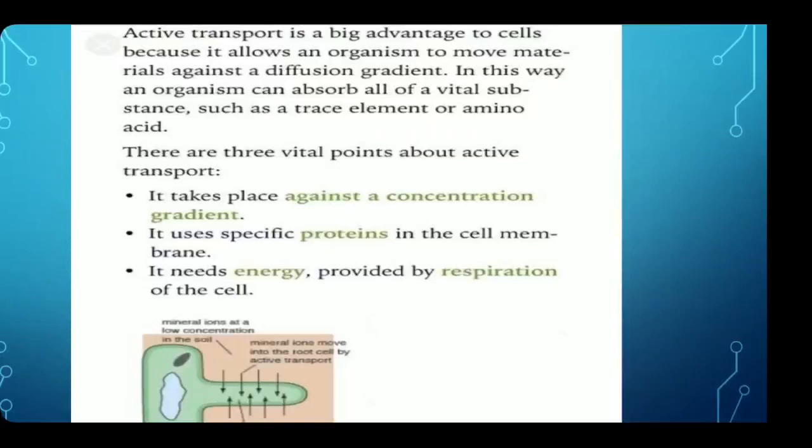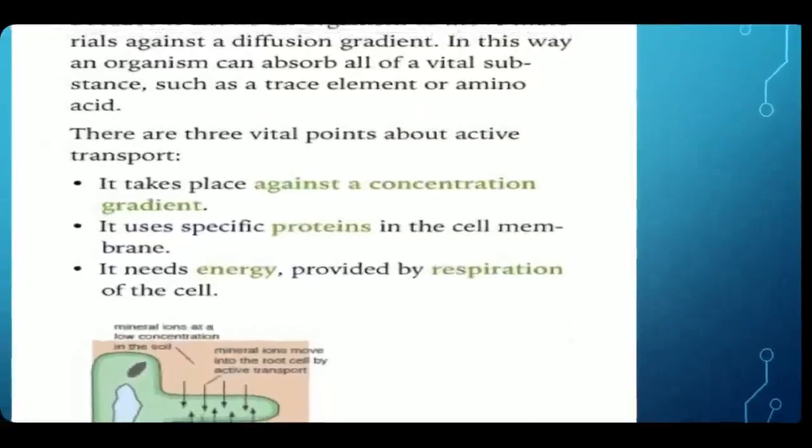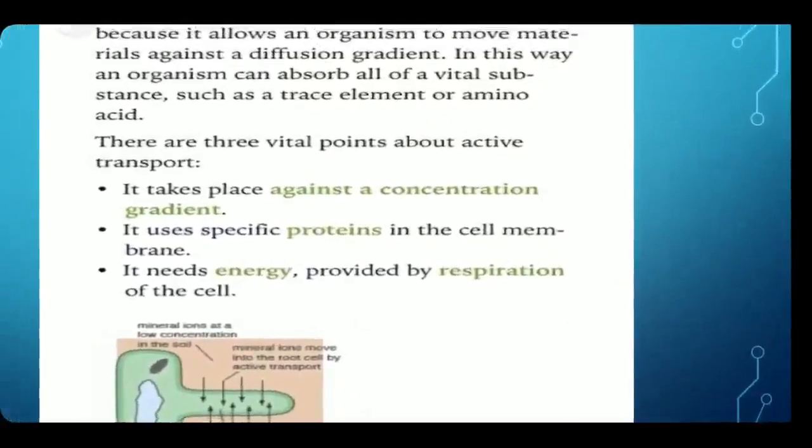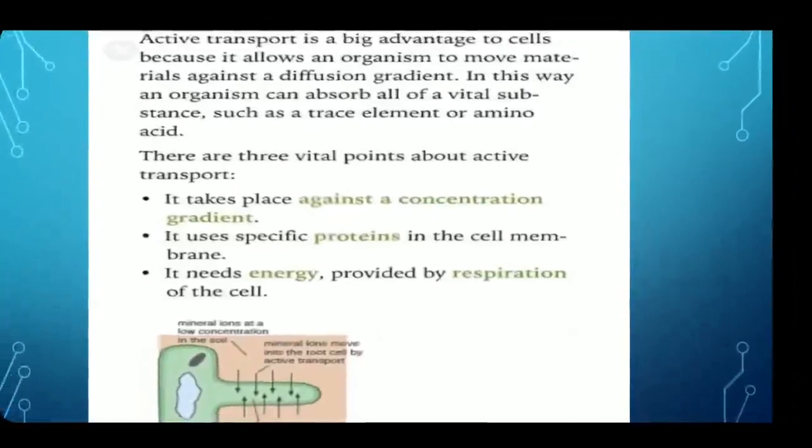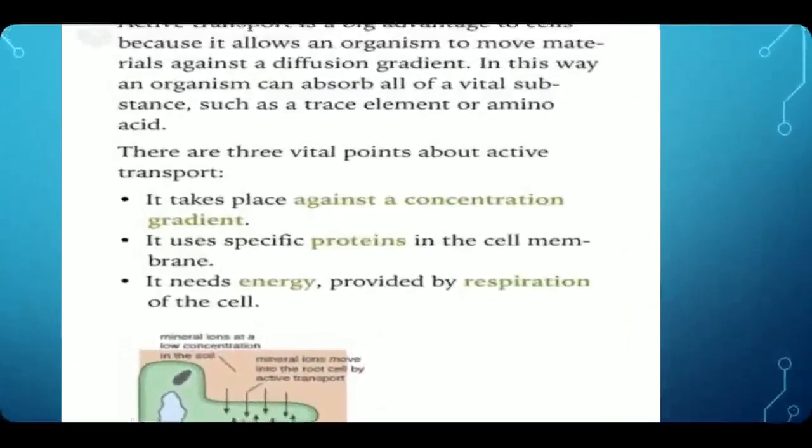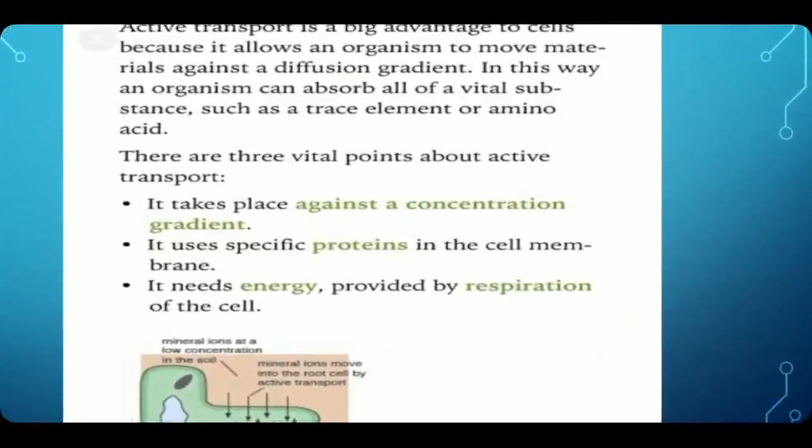For that, energy is required, and as I told you, this energy comes from mitochondria or chloroplast by the process of respiration, because at the time of respiration energy is produced in the mitochondria.